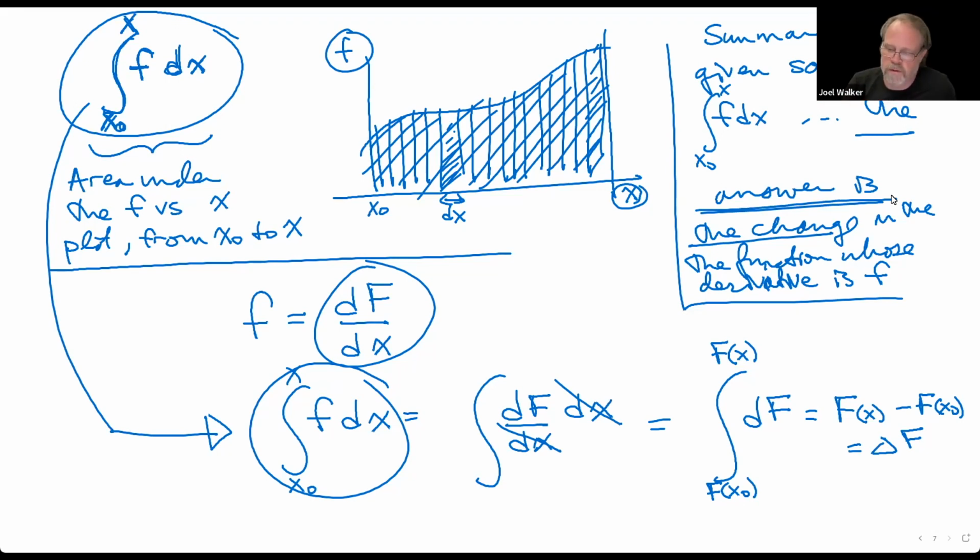That's the method. Whatever your integrand is, by hook or crook, find the thing whose derivative is that. Find the thing whose slope gives you the integrand. Then find how that higher level function changes from initial to final, and that's the result of your integration.